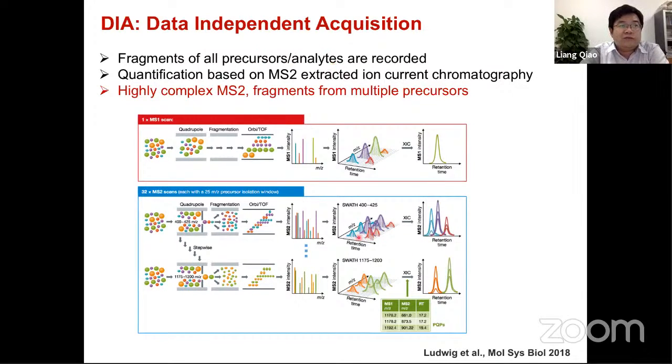Due to such a feature, we can get the MS2 extracted ion chromatogram for quantification, which is normally more accurate and provides a wider dynamic range than the MS1 based quantification. But the problem is that for the DIA data, we have a very complex MS2 spectrum, which includes the fragments from many different precursors, making the analysis of the DIA data more difficult compared to the DDA.